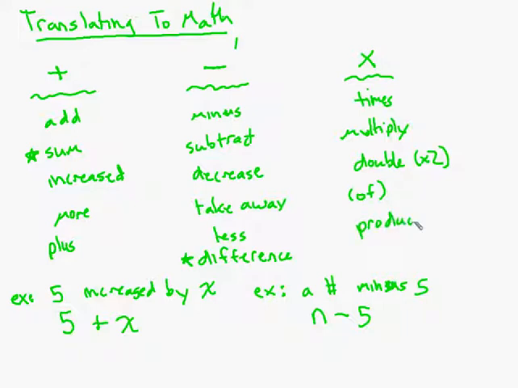I'll put a star next to that one as well. So an example of that. A product of 2 and 3. Okay, what's the answer to that? 2 times 3. And if we're translating, we're not going to write 6. 6 is the answer, but we're translating, so we're not going to do that.